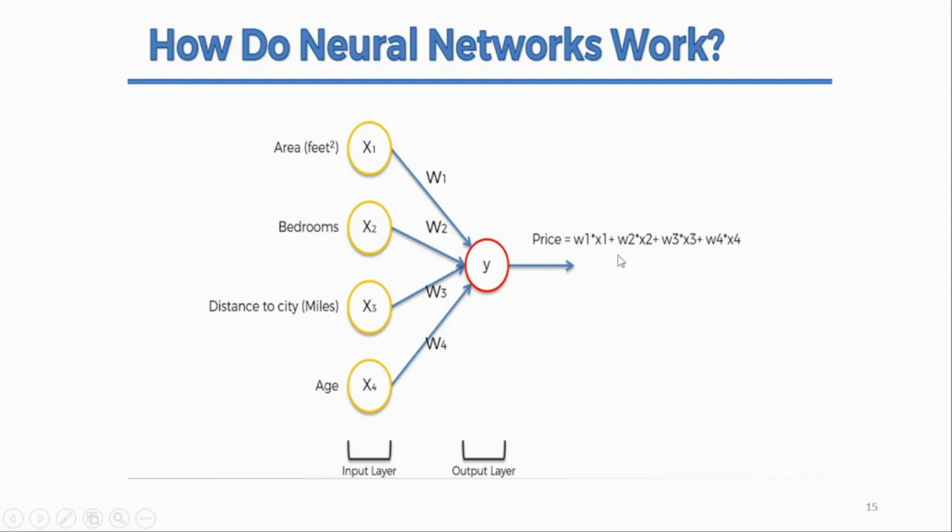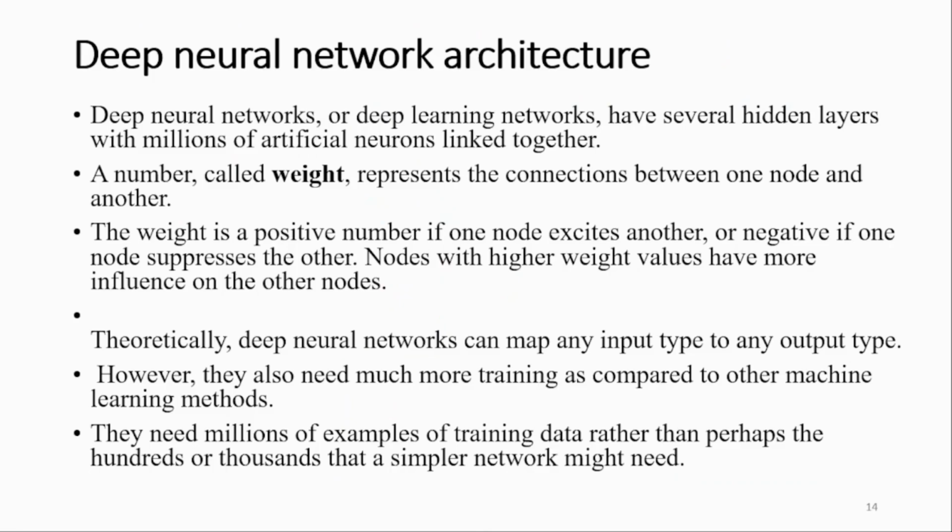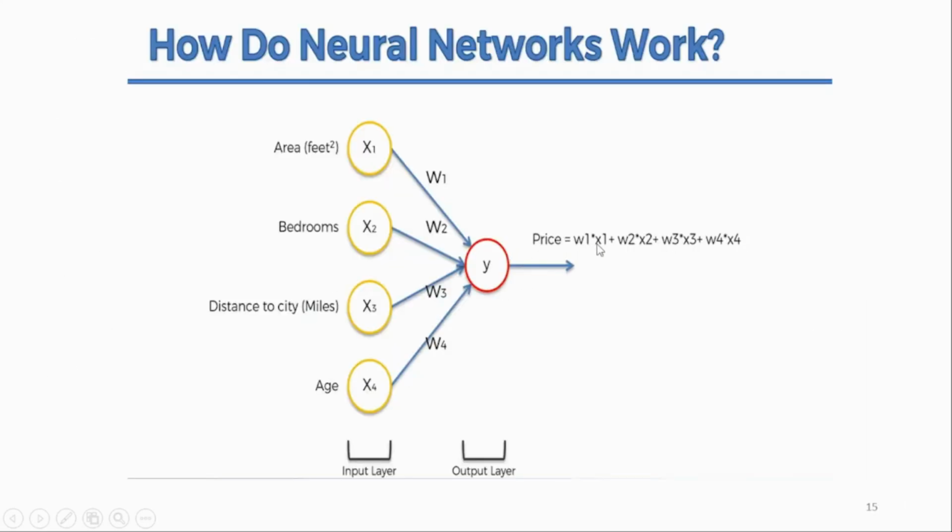So if you look at this, the weight is a positive number if one node excites another, or negative if one node suppresses the other. A node with a higher weight value has more influence on the other node. For example, these are the different nodes x1, x2, x3, x4. Every node is multiplied with the proper weight.